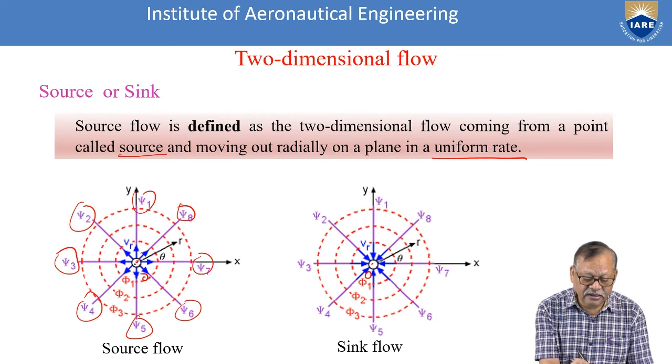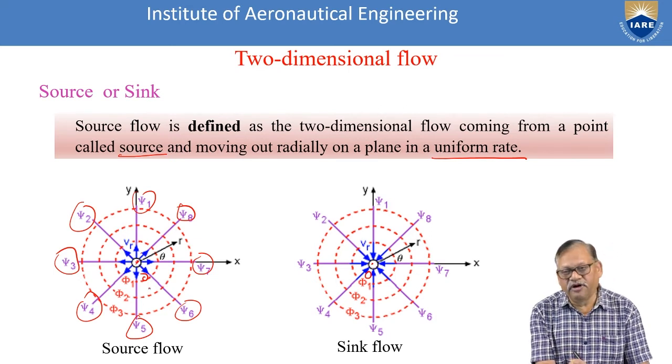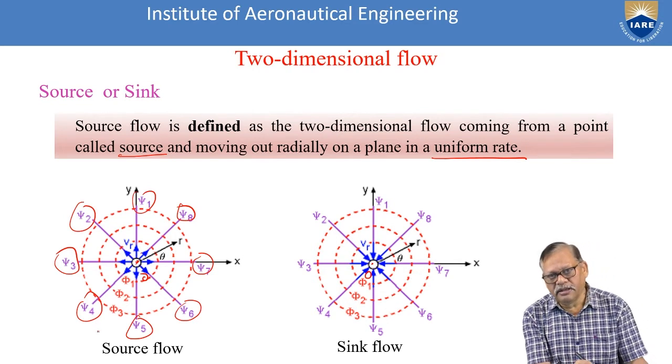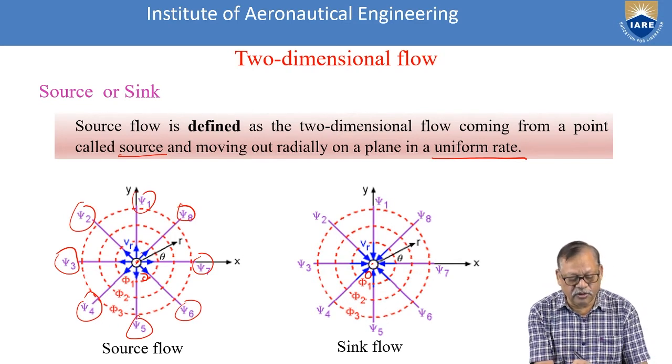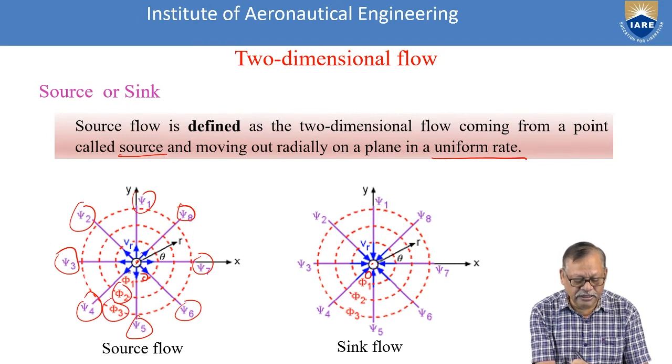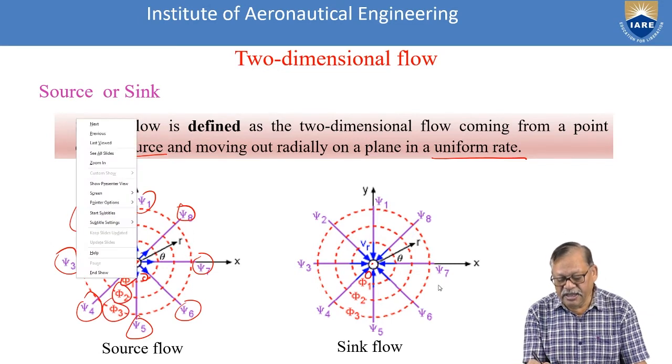At the center it is phi 0. Slowly, if you draw more concentric circles, they are phi 1, phi 2, phi 3. It will be like this.